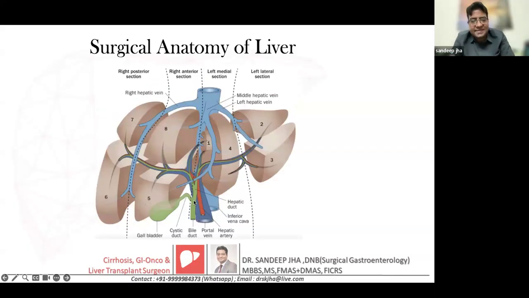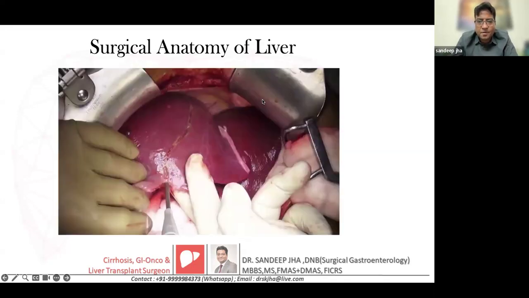This is a picture showing that segment 6 and segment 7 go behind the liver, and when you look from the front, they are not visible. And this is where we divide the liver along the middle hepatic vein. The liver is divided, and so these 4 segments are the right lobe, and this is the left lobe.